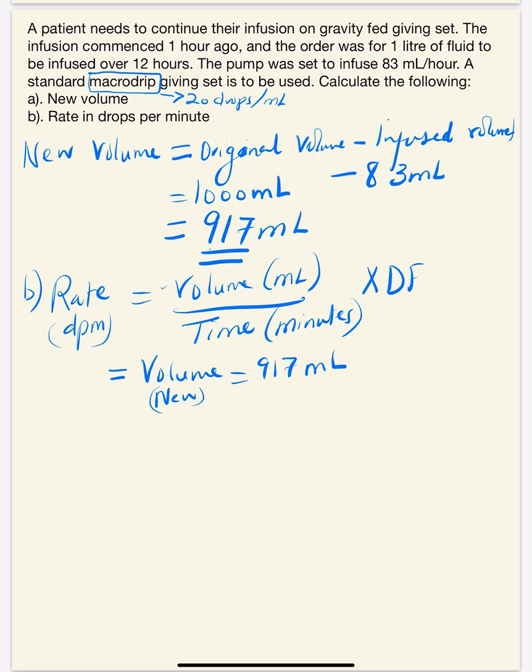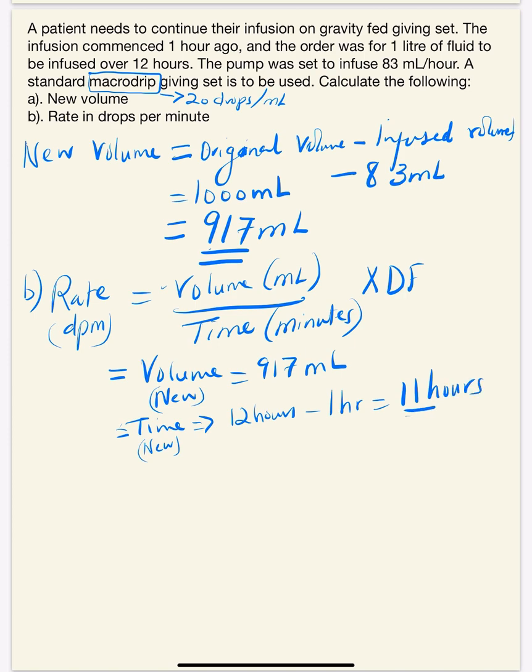Then we need to get our time. Remember, the time will change as well. The initial time was 12 hours, but we've infused 1 hour. This means 12 minus 1 gives us 11 hours. So the new time will be 12 hours minus the 1 hour that you've already infused, which is 11 hours.